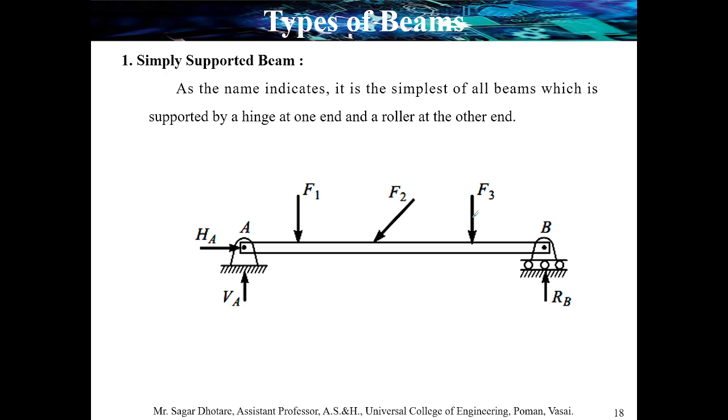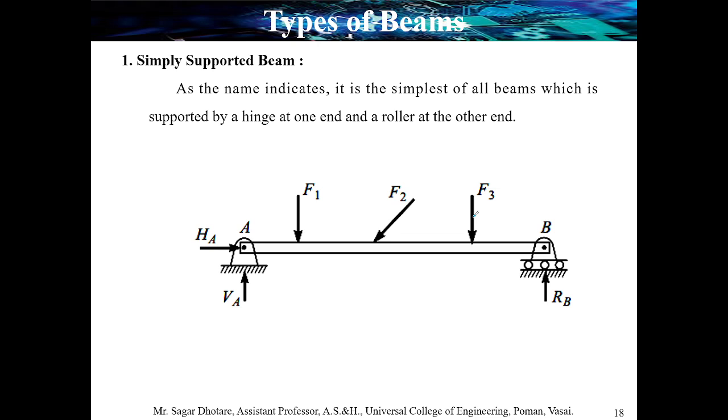Whenever we consider the reactions because of the supports, as we know, the hinge support has two forces: one angular reaction converted into two components, a horizontal component and a vertical component at point A. At point B there is a roller support.